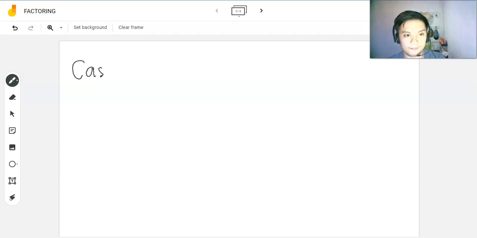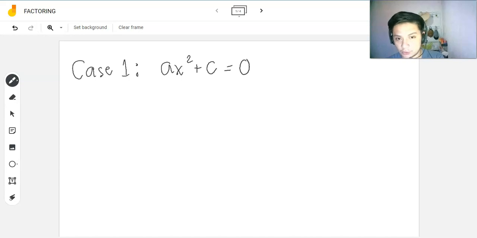So, case 1, ito yung mga quadratic equation na ang standard form ay ganito. Ax squared plus c equals 0. So, walang linear term dyan. Ibig lang sabihin, the coefficient b is equal to 0. Case 2 naman ay ganito.